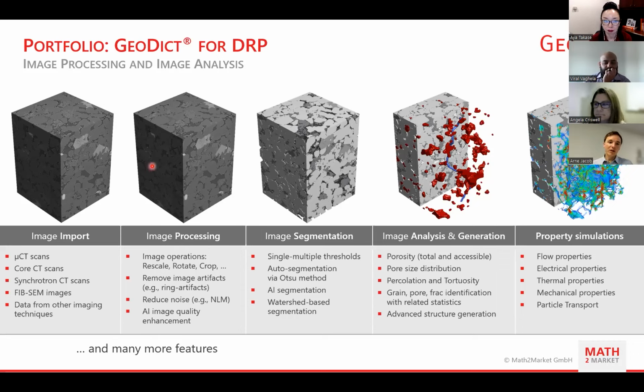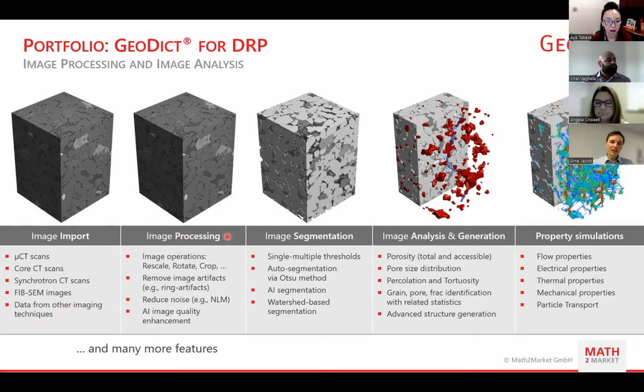So we cover the whole workflow or the whole process of digital rock physics with our software GeoDict, starting from image import, where you can use micro CT scans, core CT scans, synchrotron CT, but also other imaging techniques, basically everything that produces an image.